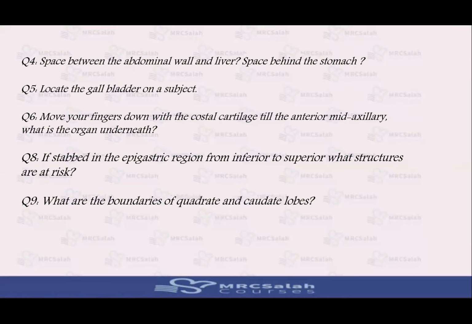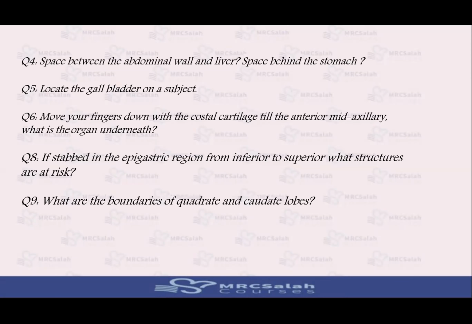The caudate lobe of the liver. The inferior is the gallbladder on the duodenum. Inferior is the porta hepatis, and superior is the bare area of the liver.